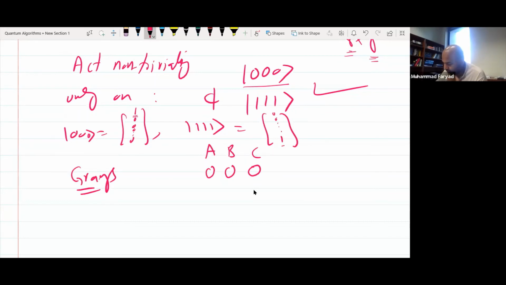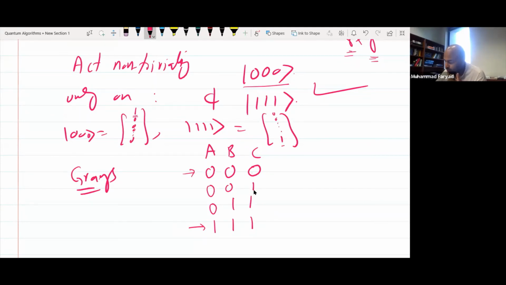So let's say one way of doing it is that I make it 0-0-1, then I make it 0-1-0, and then I make it 0-1-1, and then I make it 1-1-1. Now you see, I started from here and I reached the other. You can start from this and go to the other one. It doesn't matter. And in each iteration, I only changed the state of one qubit.